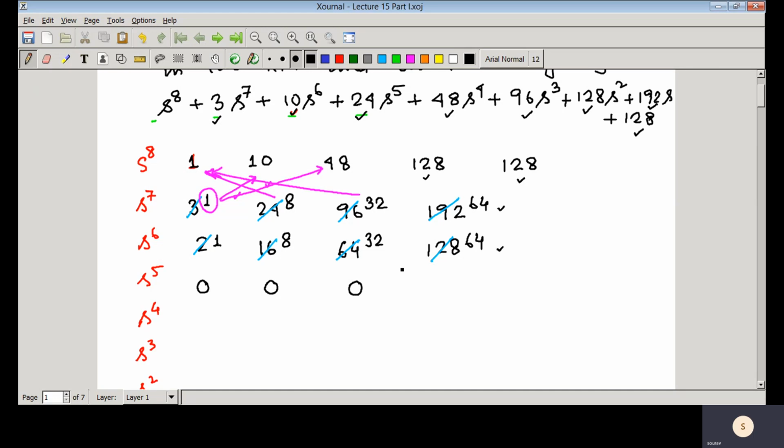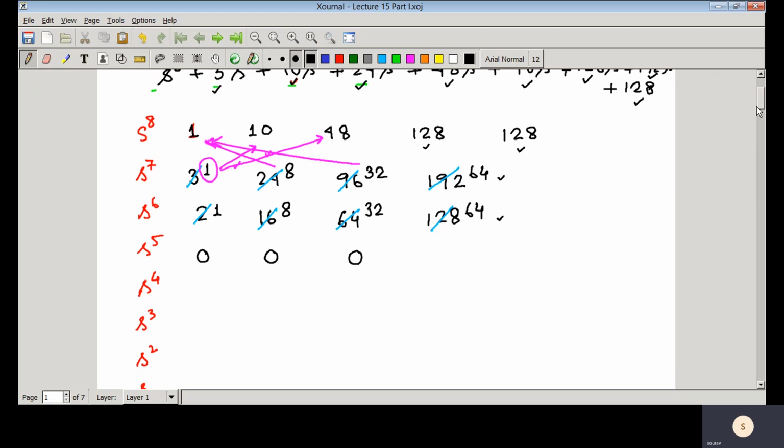As we have seen in the last lecture, whenever all the elements in a row become 0, we need to form the auxiliary polynomial. For forming the auxiliary polynomial, what we need to do is go one step above and form the auxiliary polynomial, that is A(s).